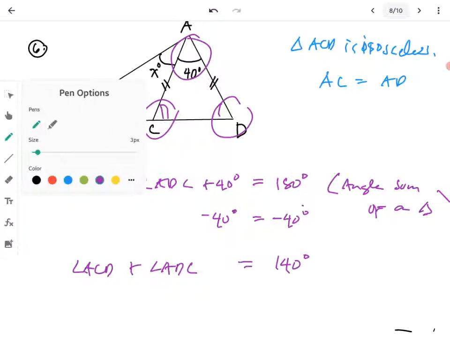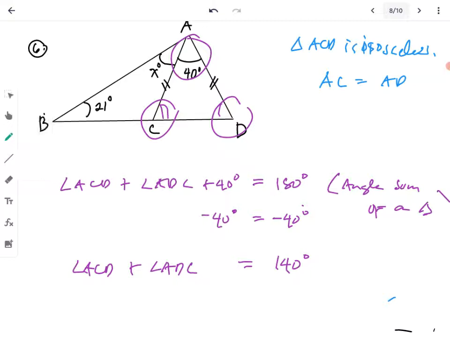Now here comes the importance of the equality of these two angles. We said a while ago that triangle ACD is isosceles, meaning AC is equal to AD. What's the implication if the two sides are equal? Their opposite angles are also equal. So ACD and ADC are equal.